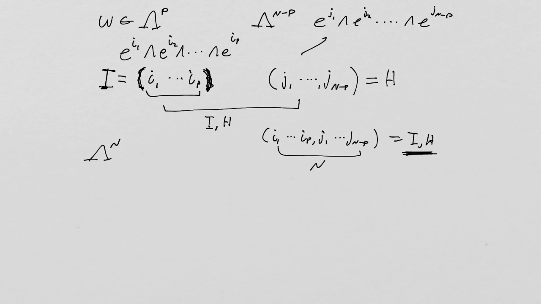So this is an element of the n minus pth exterior power, and we just create these same orthonormal vectors. Remember, these come from V, right?